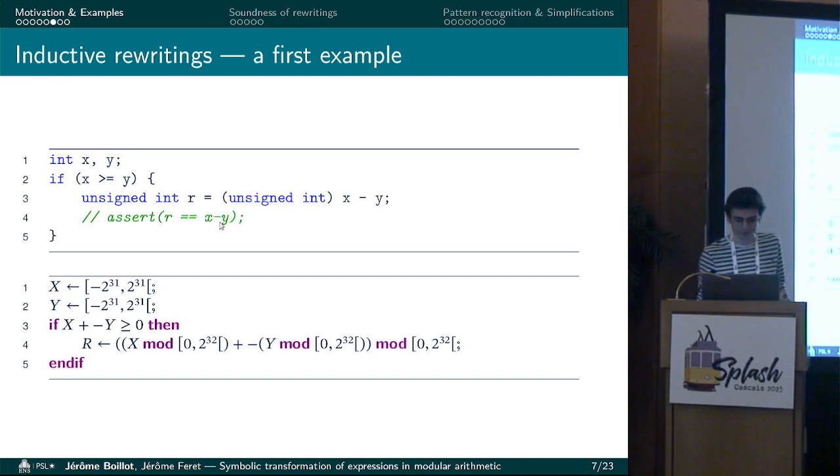So we just rewrote this example in our intermediate language, and then we want to prove that R is indeed just x minus y, without all the modulos.